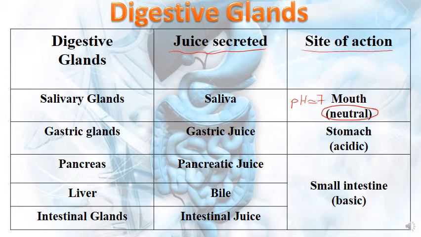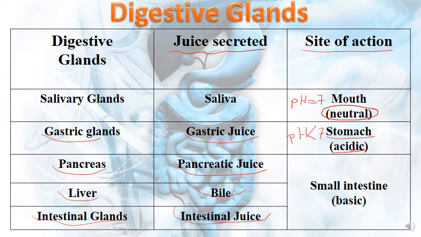While the gastric glands secrete a special juice called gastric juice into the stomach, and the medium is acidic, meaning that the pH is less than 7: 6, 5, 4, 3, 2. As we move away from 7, the acidity increases. Whereas the pancreas secretes pancreatic juice, the liver secretes bile, and intestinal glands secrete intestinal juice.